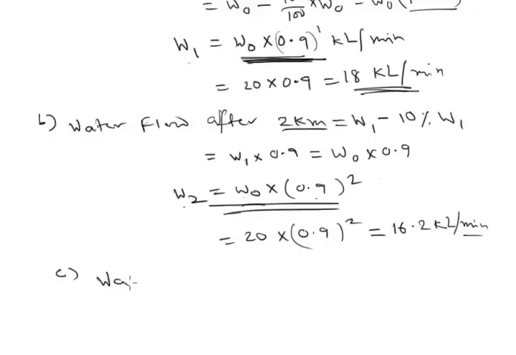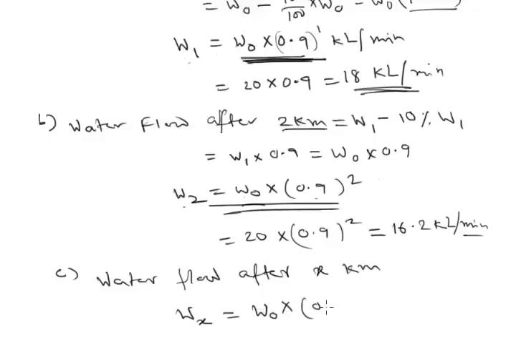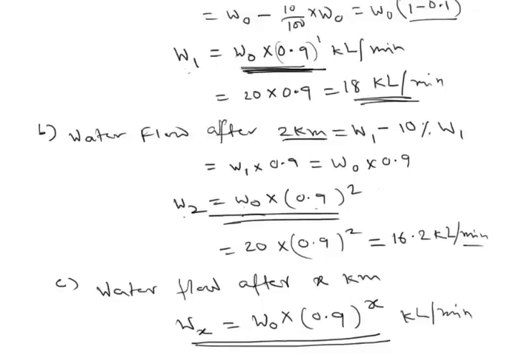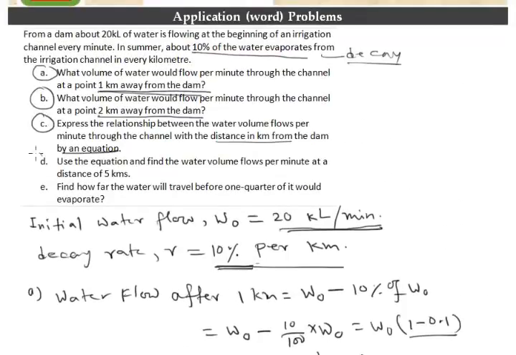If we generalize it, the water flow after x kilometer, denoted by Wx, will be W0 times 0.9 to the power x kiloliter per minute. This is the exponential equation that represents the water flow after x kilometer through the channel. Question C done.